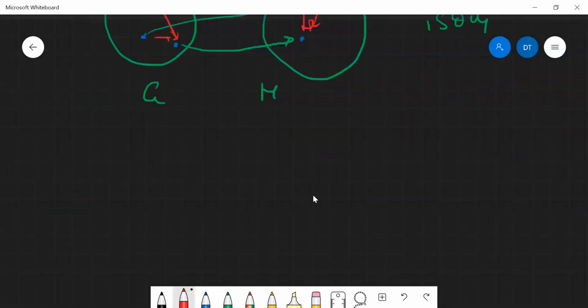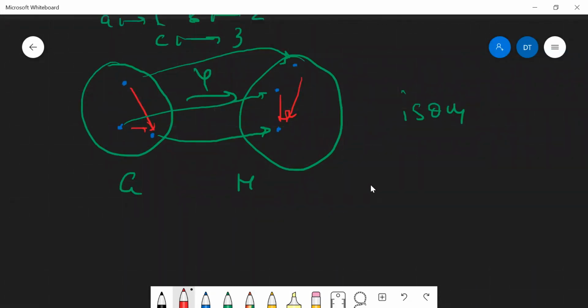So, let me just repeat what was going on here. What I was trying to explain is that if you have an isomorphism from the group G to a group H, it simply means that you have exactly the same group.